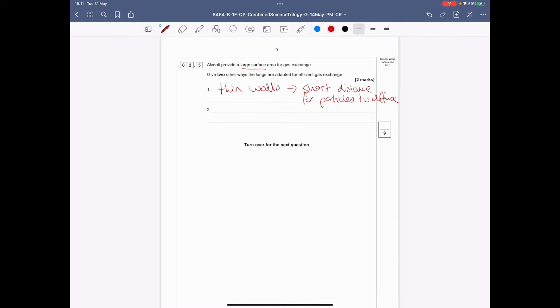And then you could also say it has a good blood supply. So there's constantly new blood being pumped around the alveoli, and that makes it a steeper concentration gradient, so therefore the particles move quicker. So generally your three adaptations of gas exchange are large surface area, thin walls, good blood supply.